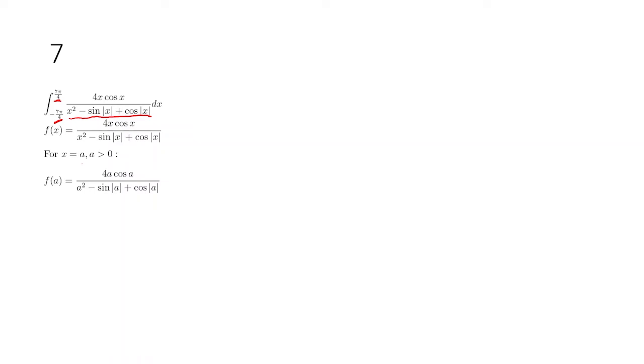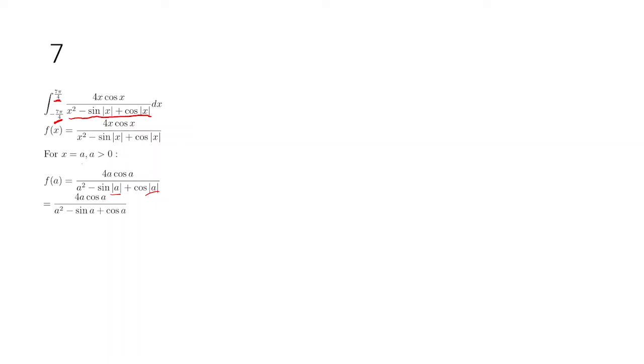Now notice that the absolute value of a, because a is positive, is equal to a. So we can just manipulate that here and here, and we would find that f(a) is equal to 4a cosine of a divided by a squared minus sine a plus cos a.